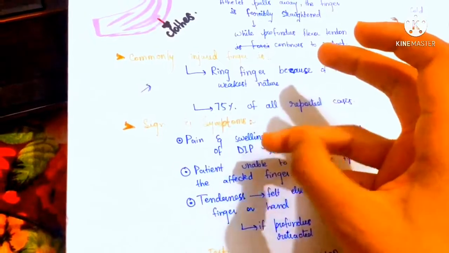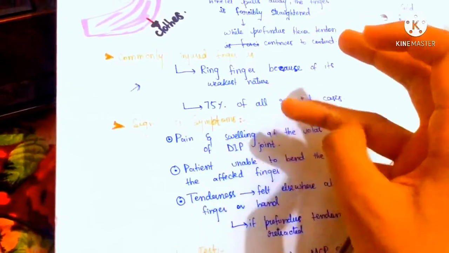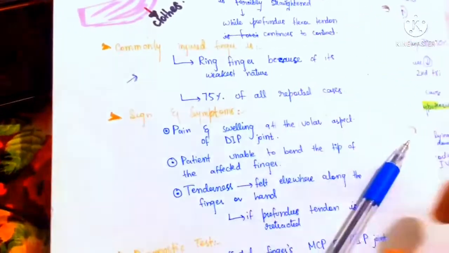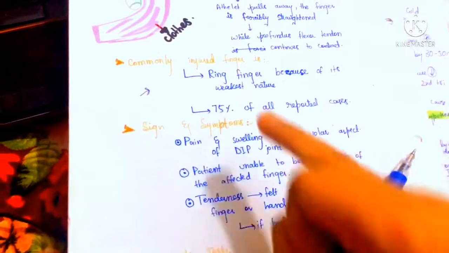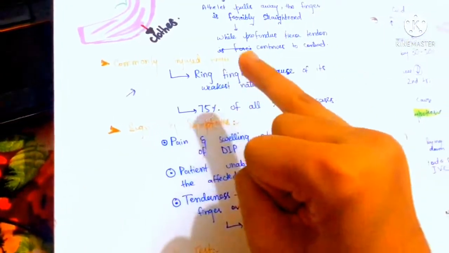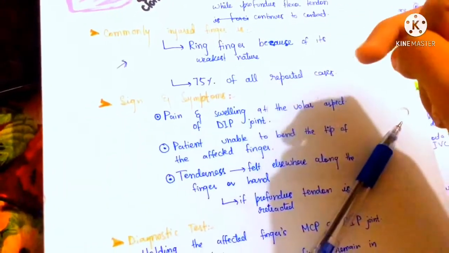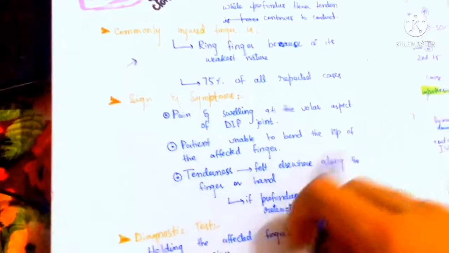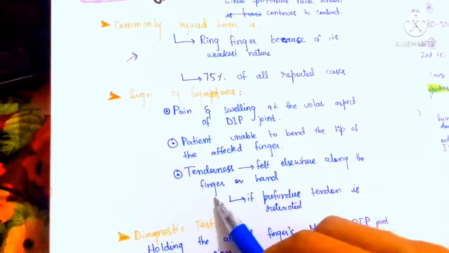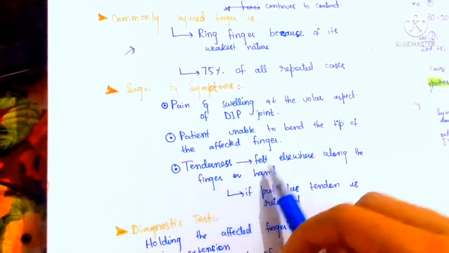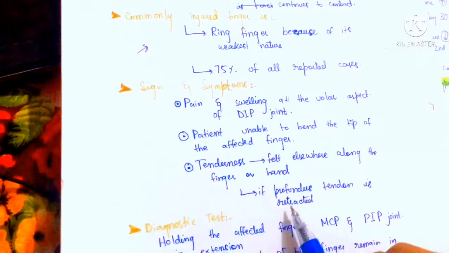The patient is unable to bend the affected finger because the finger is already straightened. Tenderness is felt elsewhere along the finger or hand if the profundus tendon is retracted.